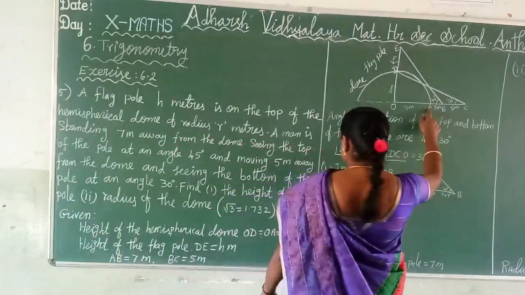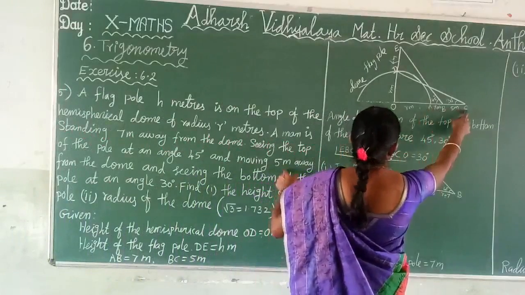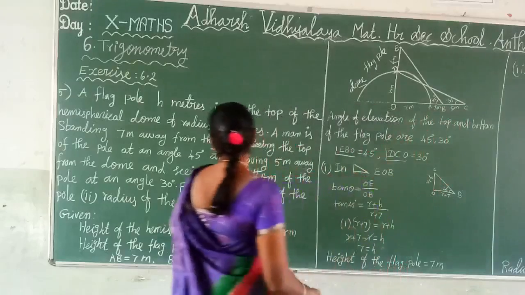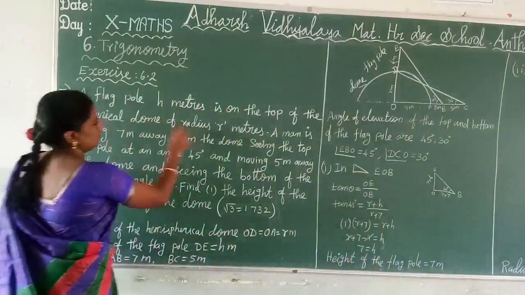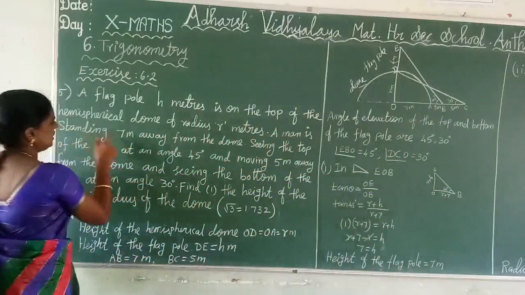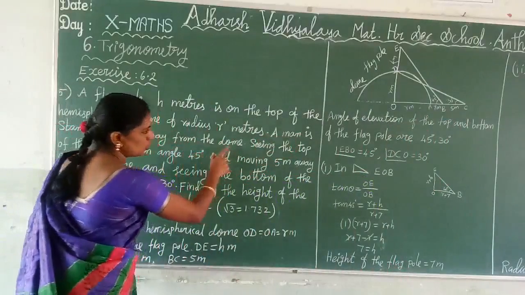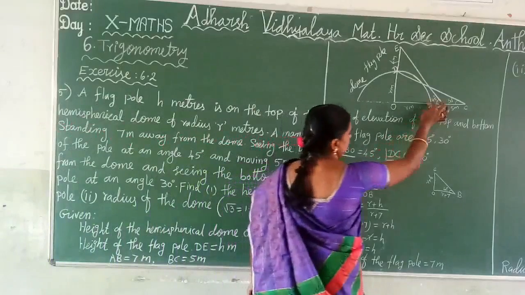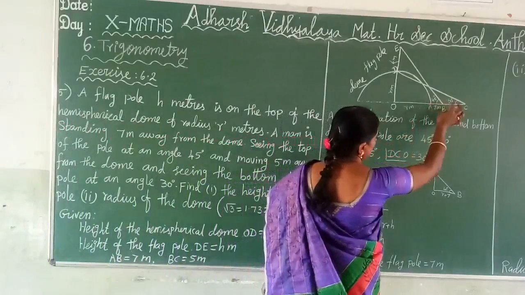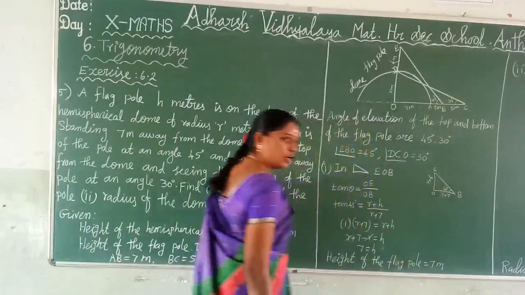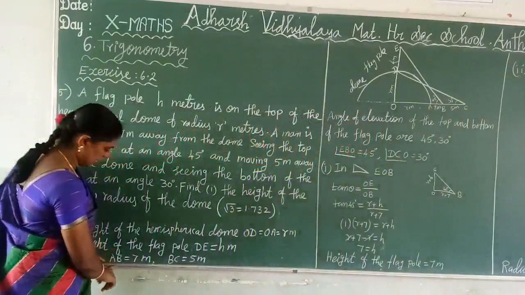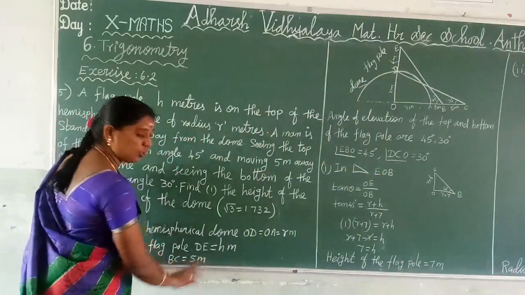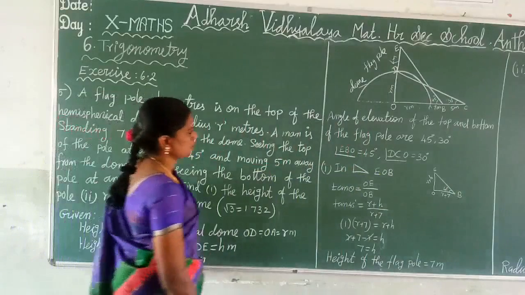So B to C 5 meter, A to B 7 meter. A man is standing 7 meter away from the dome. So from A to B 7 meter, B to C is 5 meter. So that is AB equal to 7 meter, BC equal to 5 meter.